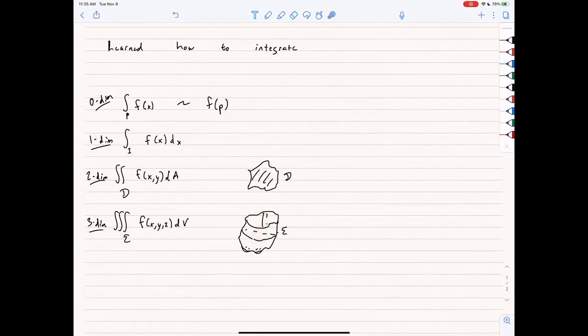But once you get past 1 dimension, even just in 2 dimensions, there are a lot of other subspaces that you might want to consider, right? And in 3 dimensions, there are even more. If we're in 2 dimensions, we might want to consider integrating over a curve, not just a domain D that has an interior.